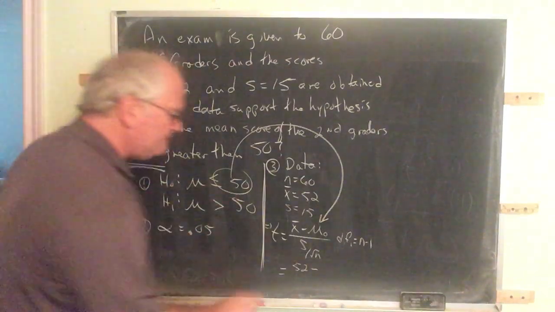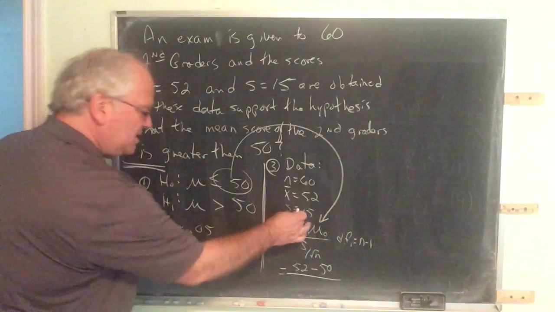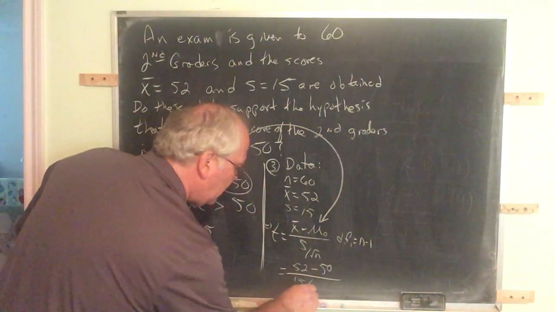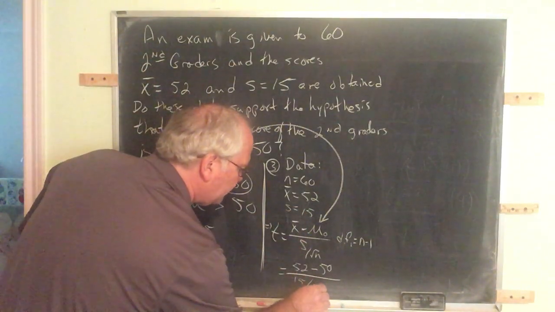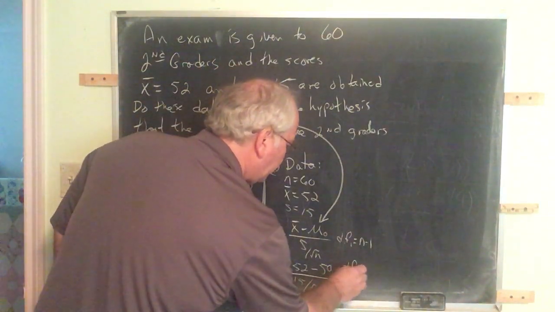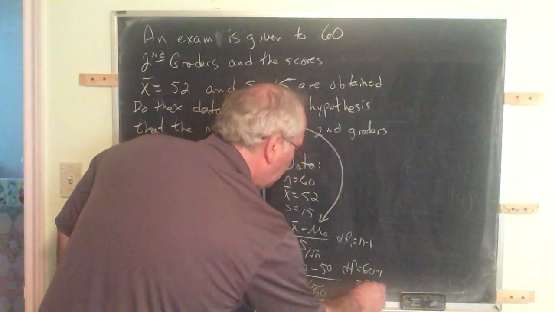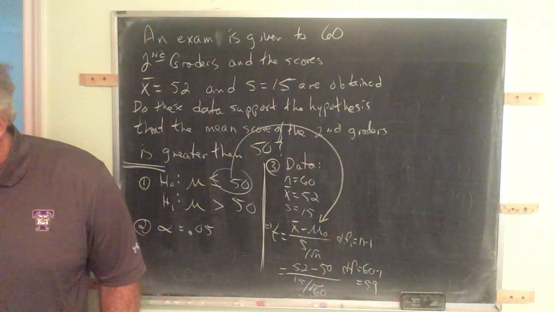So that's 50 over s, which is given to be 15, and the square root of n, which is 60, and the degrees of freedom are 60 minus 1. We have 59 degrees of freedom.